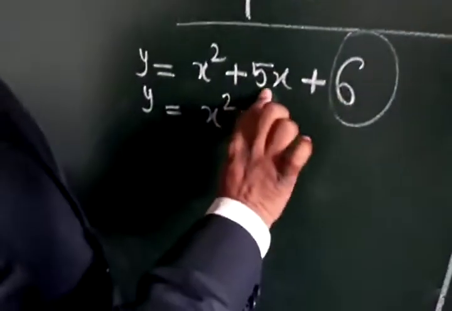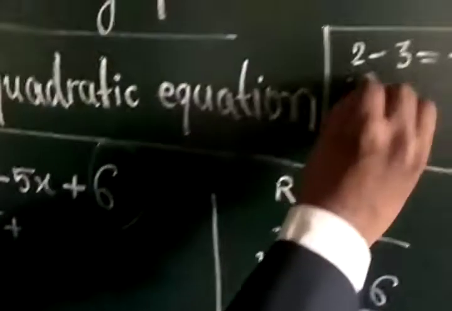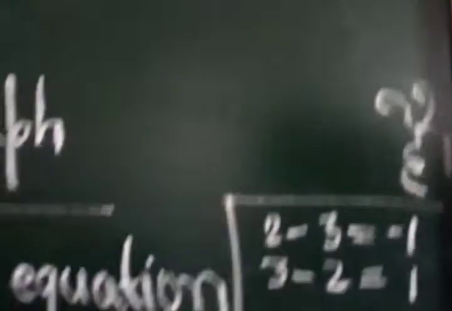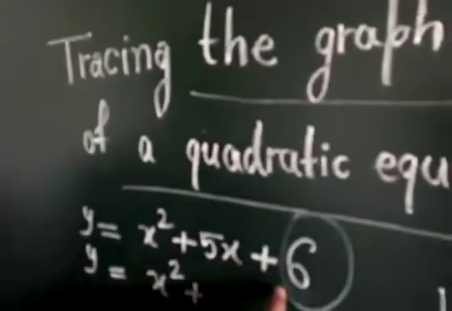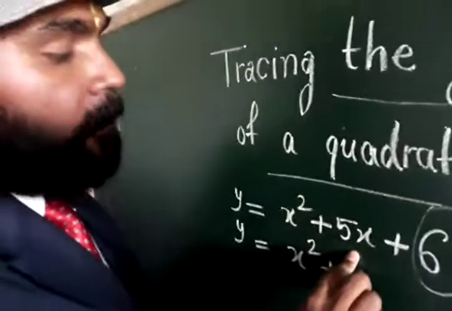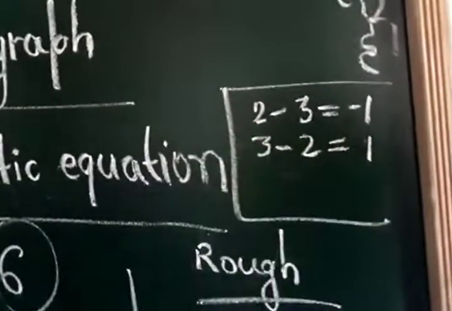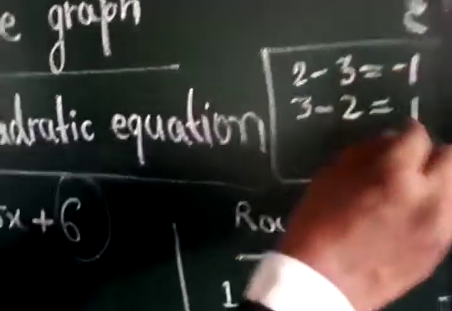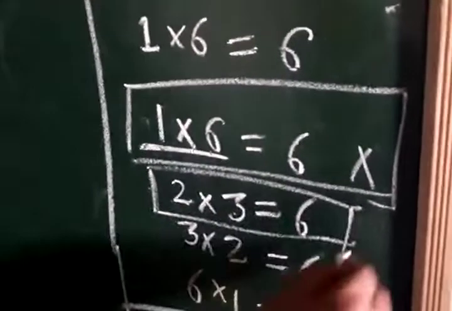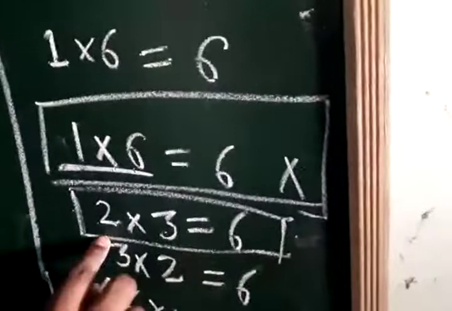That is not the coefficient of x, because here we need 5 and after subtraction we are getting 1. So we will not go with this combination. We are concerned only with 2 and 3.